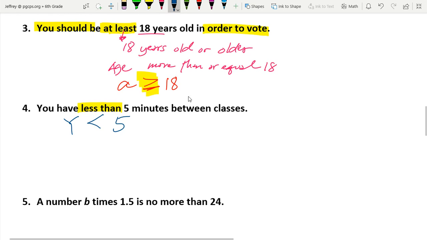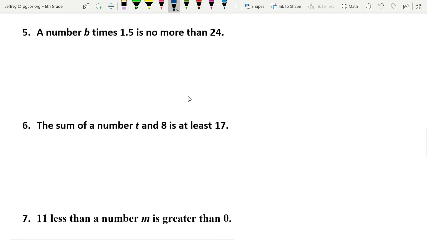Now, number 5. Now let's try this out. A number B times 1.5 is no more than 24. So what does the phrase is no more than pertain to? Is it 24 or higher, 24 or lower?